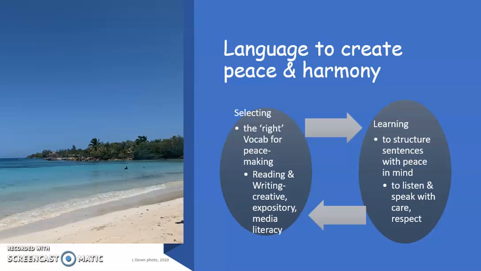Consider students learning vocabulary in terms of selecting the right word for peaceful communication, or they learn to structure sentences in ways that promote good relationships. They also learn to listen and speak with care and respect.